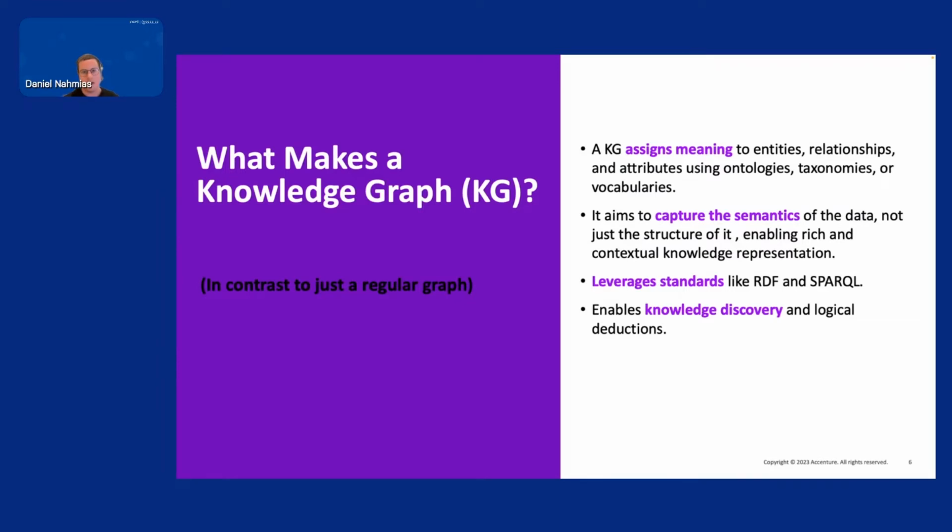It strives to capture the semantics of the information, allowing for a rich contextual representation of knowledge. An ontology-driven graph ensures semantic consistency in data representation. This supports advanced querying and reasoning capabilities, which can then be translated to valuable analytics and features that support existing machine learning pipelines.